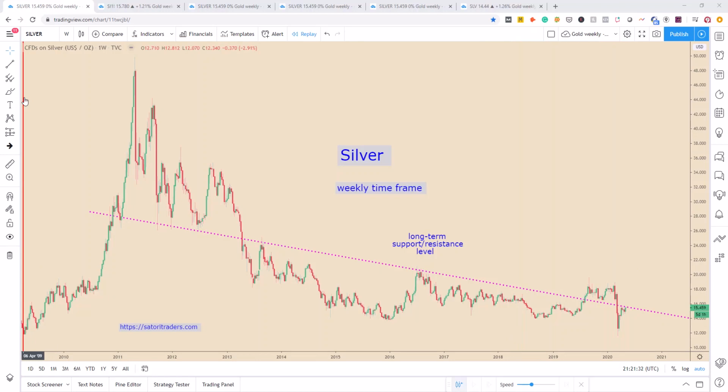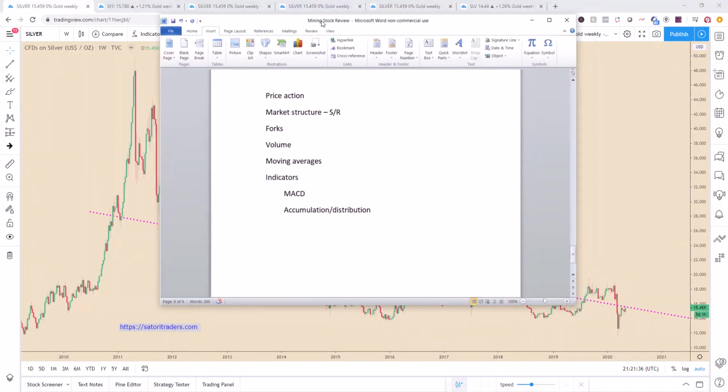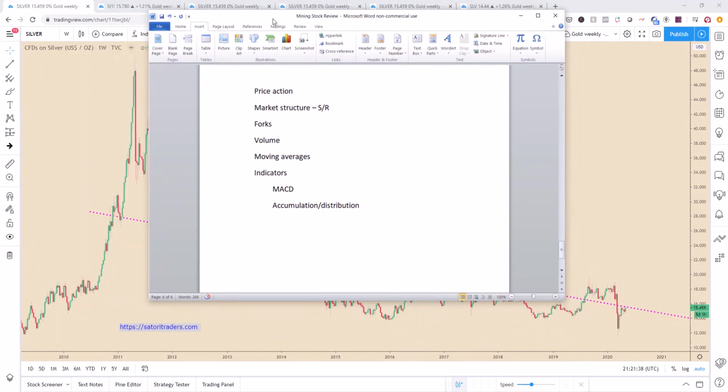When we are doing technical analysis, there are a number of facets or aspects of a financial chart that we can look at. I always focus on the price action first. Market structure, that's how some people refer to it.